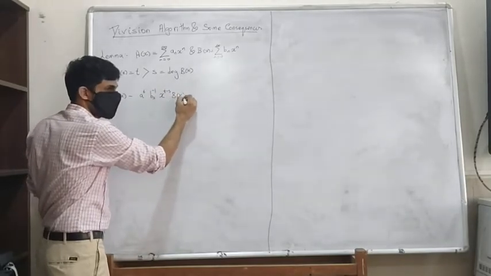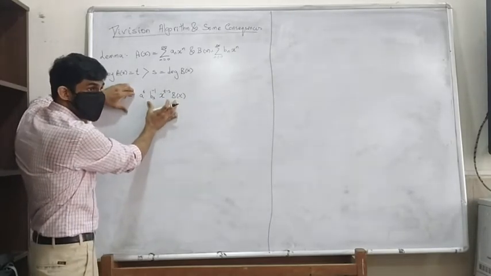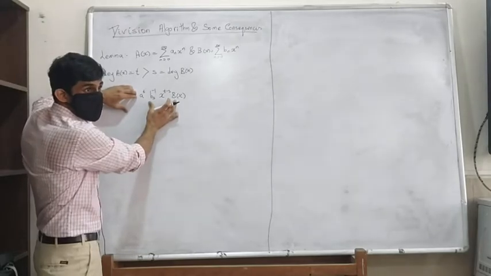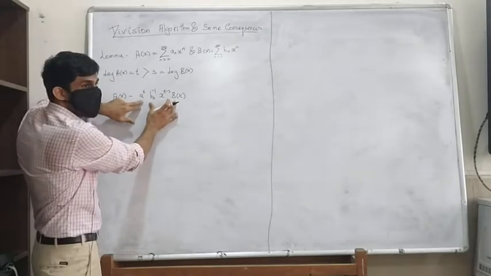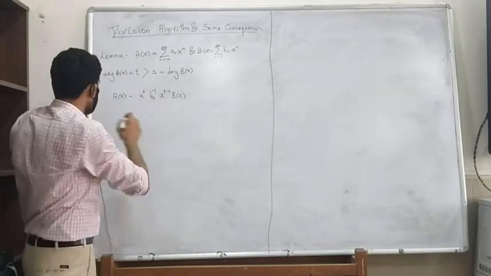If you do this, this polynomial has degree t with highest degree coefficient a_t, so when you subtract, the highest degree coefficient goes. So what happens to the degree?